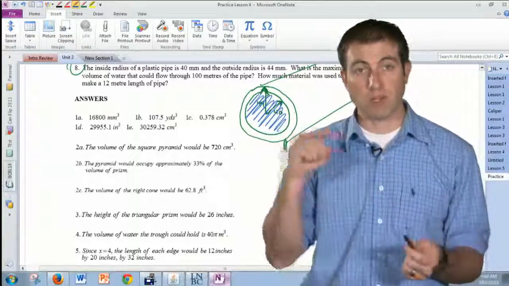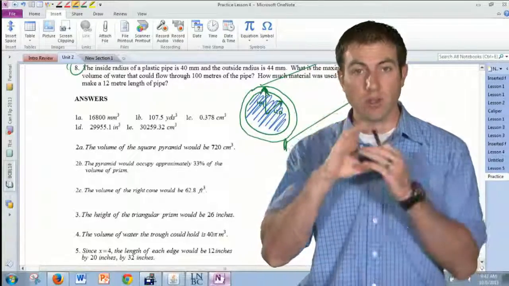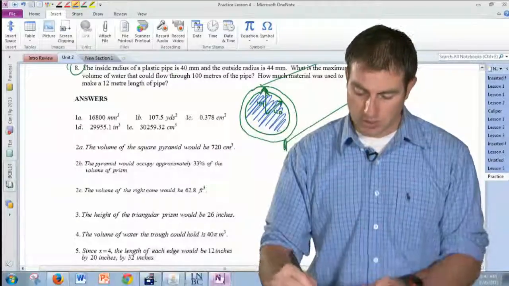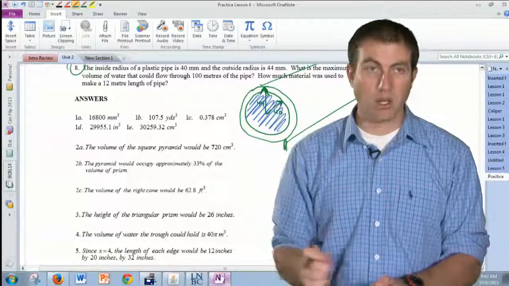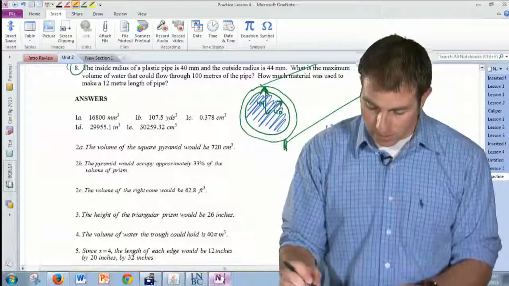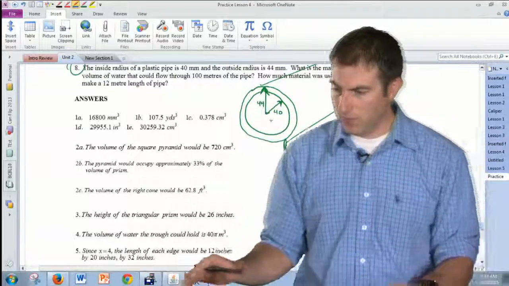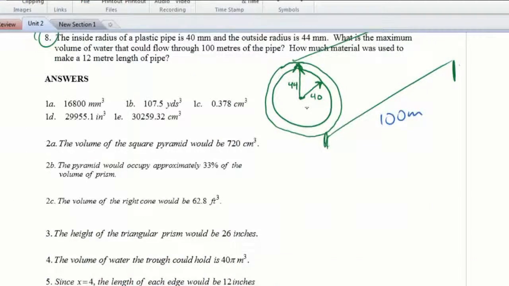We just want to know how much goes on the inside. So if we can find the volume of the inside, assuming this is 100 meters long, that's good enough. We're looking at the volume of a cylinder, because this is in fact a cylinder.